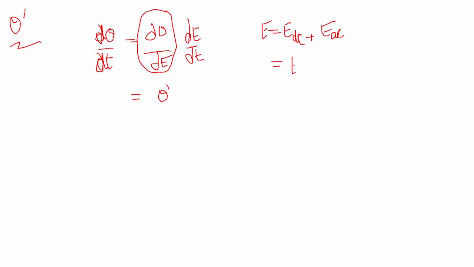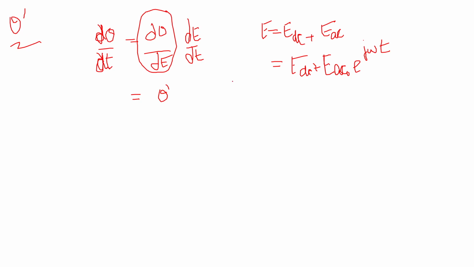Now EAC is nothing but EAC naught sine omega t, or in terms of polar coordinates I can write it as EAC naught e raised to j omega t. We have seen this in the first module, first week lecture.